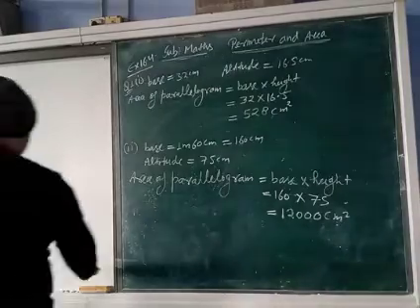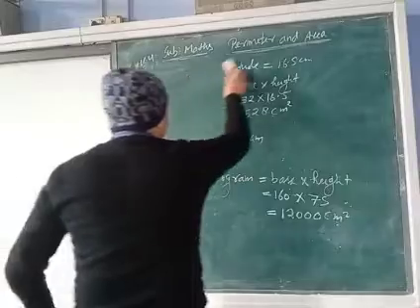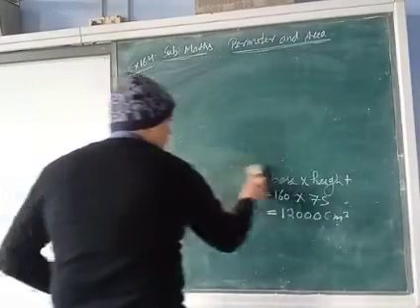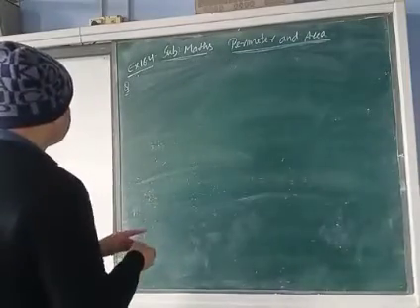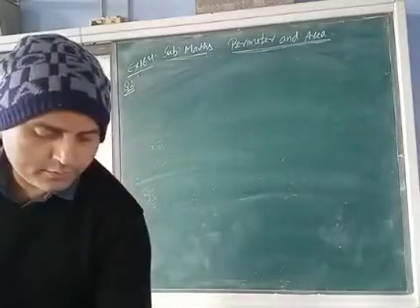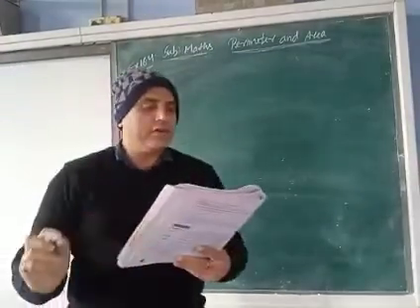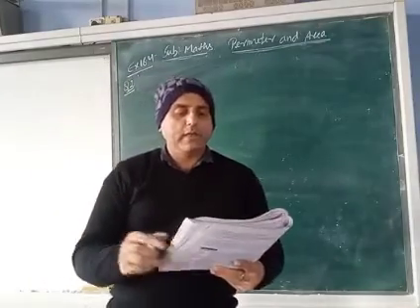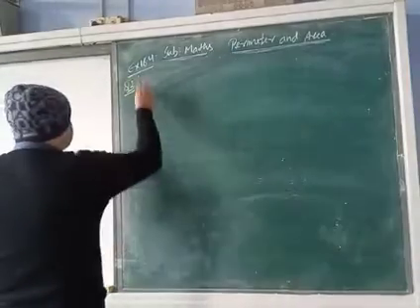Next, question number 2. See, question number 2 is find the altitude of a parallelogram whose area is 54 centimeter square and the base is 15 centimeter. Now see what is given.